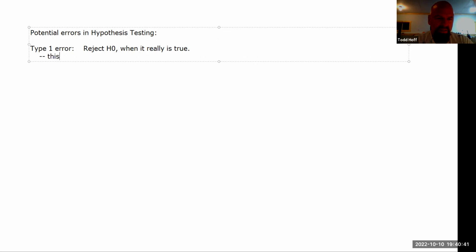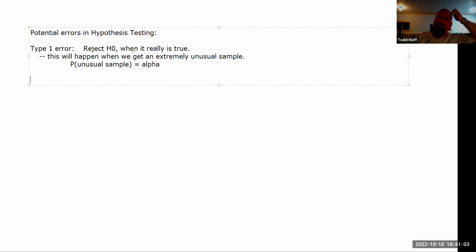This will happen when we get an extremely unusual sample. What's the probability of getting that unusual sample? Well, that's equal to alpha. That's what that alpha value is that we are setting: what chance are we willing to take of rejecting this null hypothesis when it really is true, but just because we get a really extreme sample.